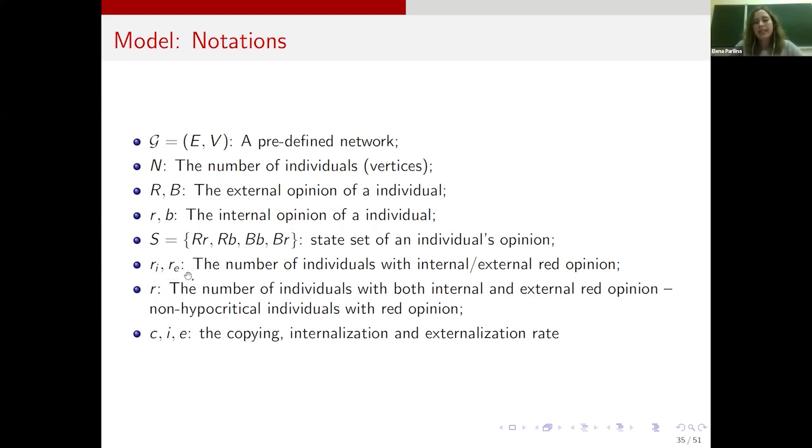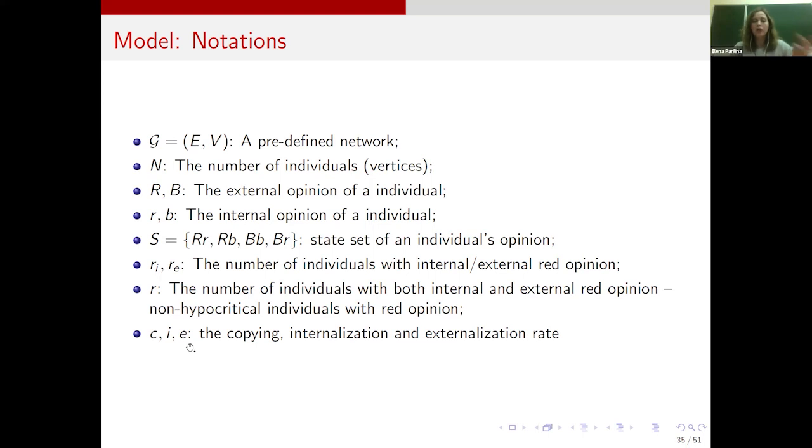Ri and Re is the number of individuals with internal red and external red opinions. And if we write R, it represents the number of individuals with both internal and external opinion red.